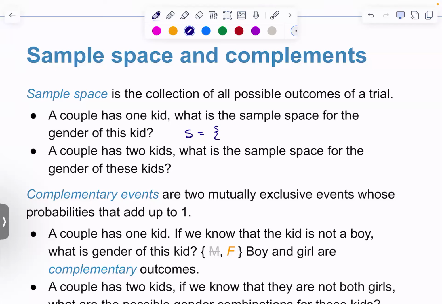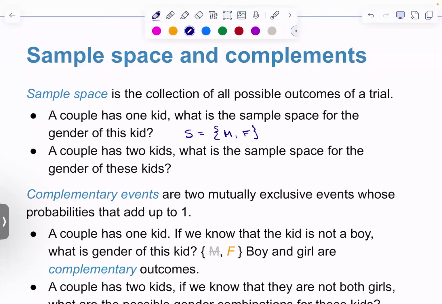We don't need to, you can just list them, right? Use curly brackets to denote the set of possible outcomes. That's not something that I'm going to test you on, so don't worry about it. You could just write male or female.